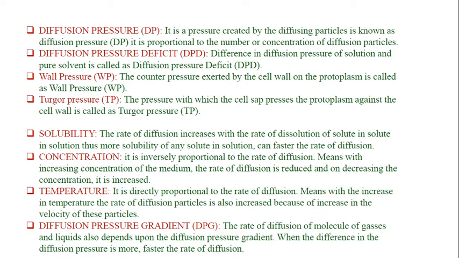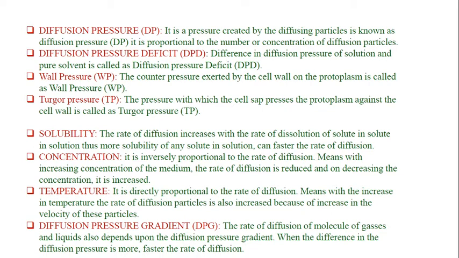And if the protoplasm inside the cell exerts a pressure with the help of cytoplasm or vacuole, that is called turgor pressure, which exerts from inside to the outer cell wall or cell sap.